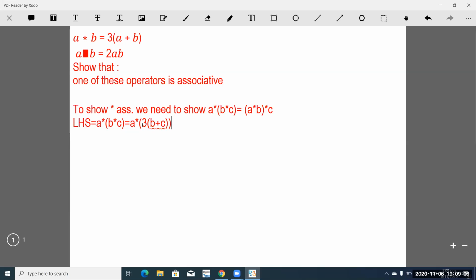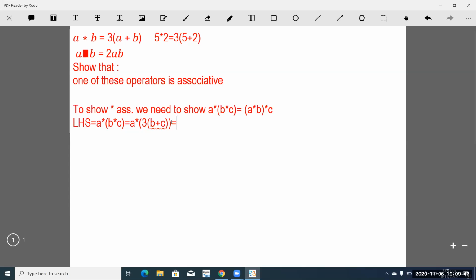It'd be 3 bracket 5 plus 2. Very good. So the same way, A star, B star C is just going to be A star, the result of B star C. The result of B star C is 3 times B plus C. All right?